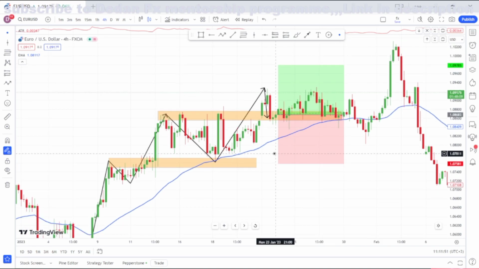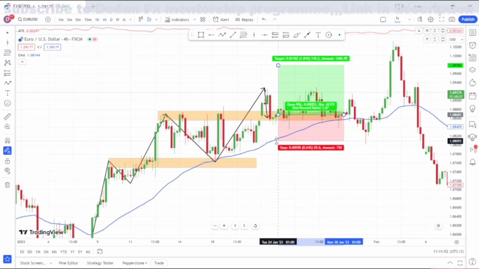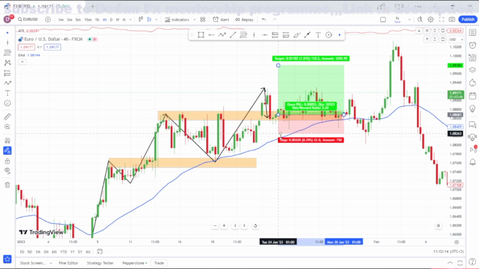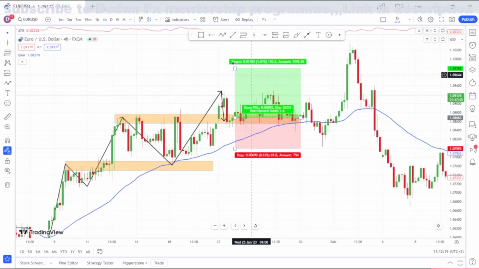My stop loss should have been around... So I use the ATR for my stops. So my stops should have been there.